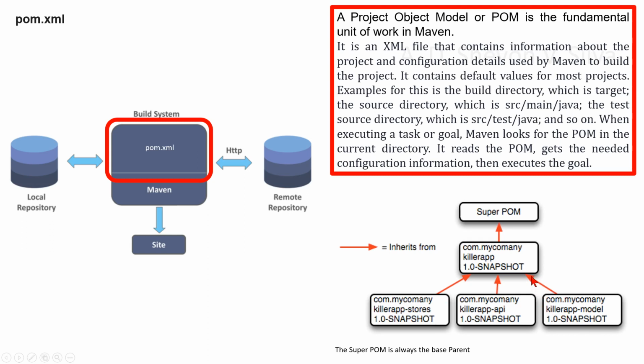These inherit from com.mycompany-killer-app 1.0-snapshot, and this inherits from superpom here.